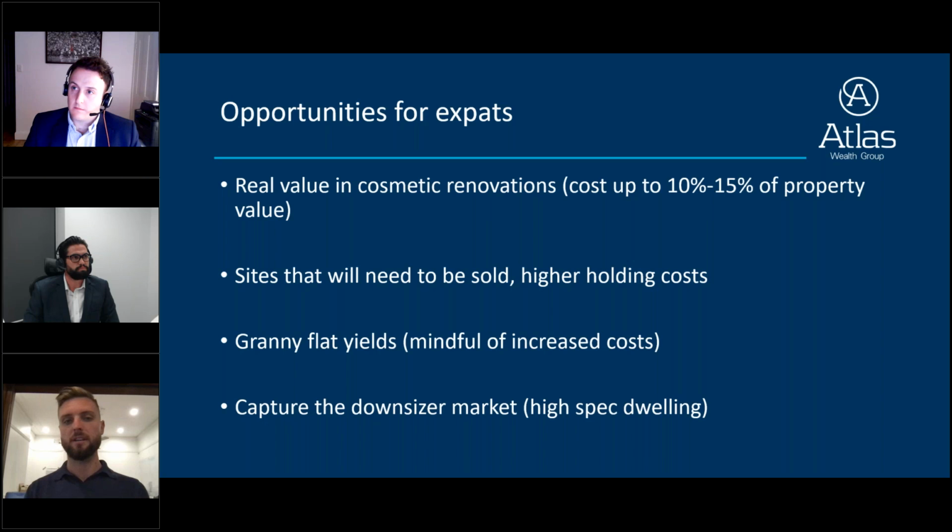And making sure that it's something which represents the market that you're trying to capture. So if someone's selling out of a $5 million home, you don't want to put them into something spec, which is $600,000. You want to build something that they're going to enjoy living in and be happy to spend the money on. So those are the opportunities I think we're seeing in the development space.